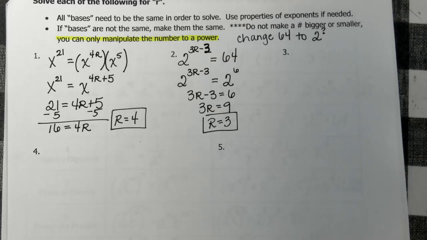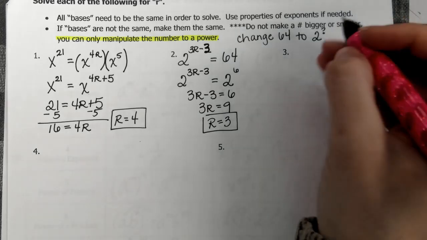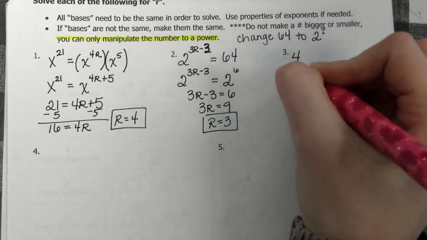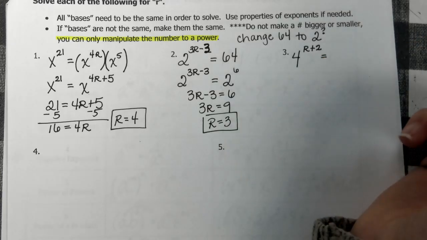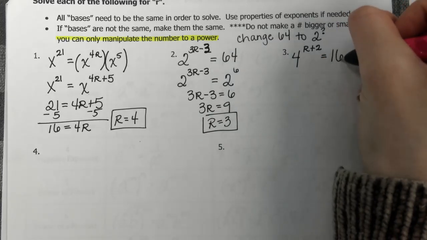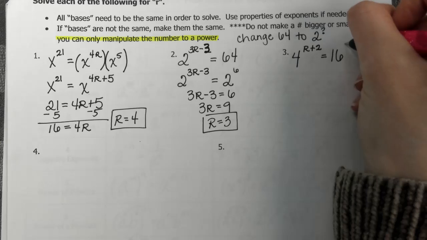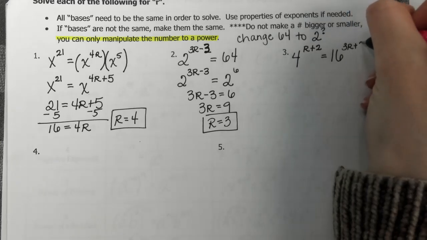Okay. We got 3 more examples. Okay. This next one is 4 raised to the r plus 2 power equal to 16 raised to the 3r plus 2 power.